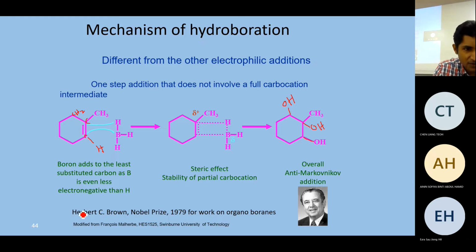But since we are talking about this, let me tell you one thing, I first need to erase. Okay. So I start counting from here: 1, 2, 3, 4, 5, and 6. So this hydroxyl group is at 2 position.